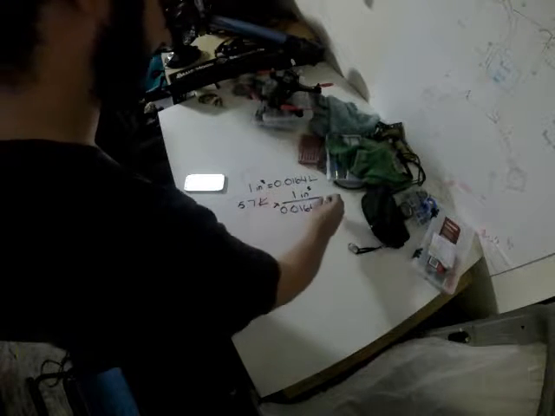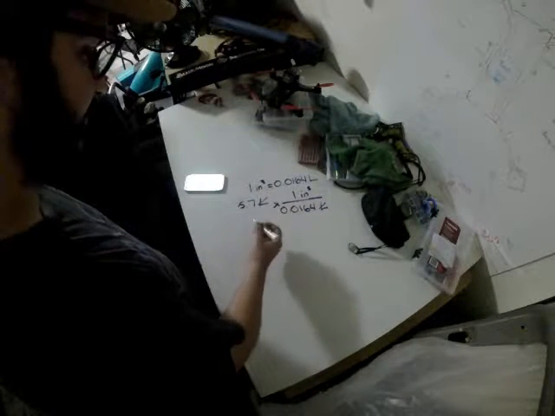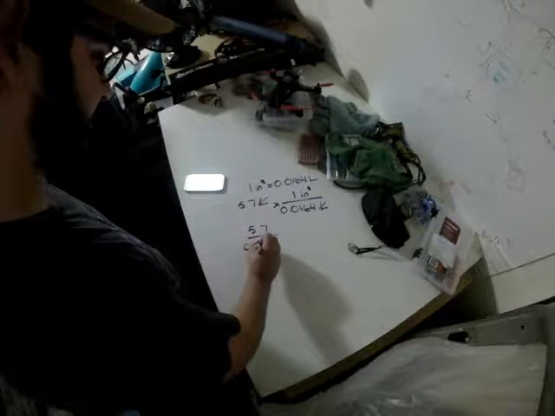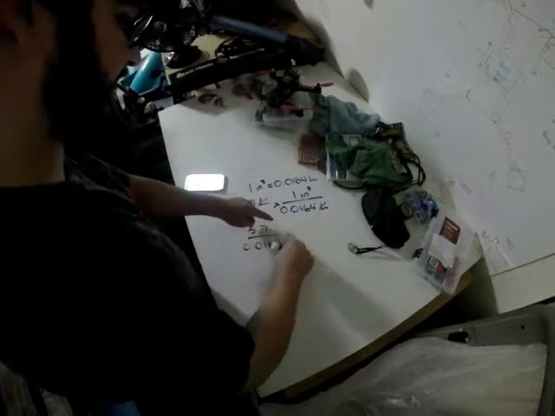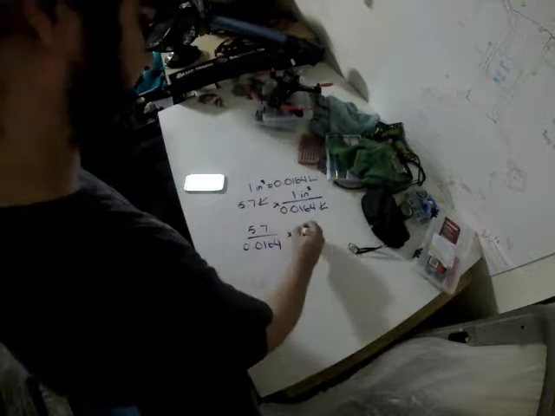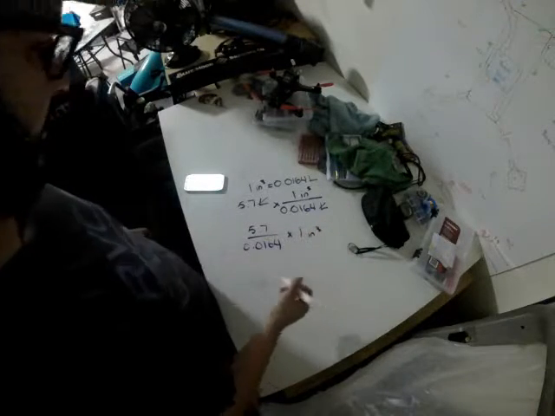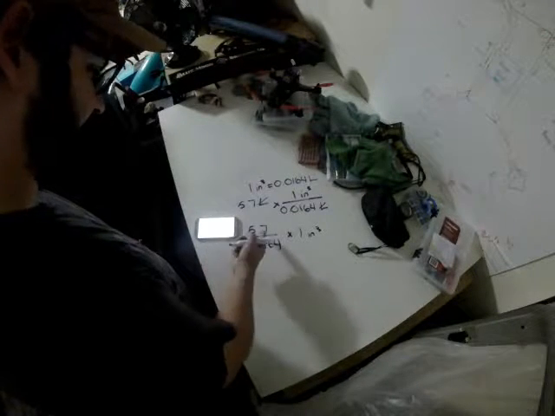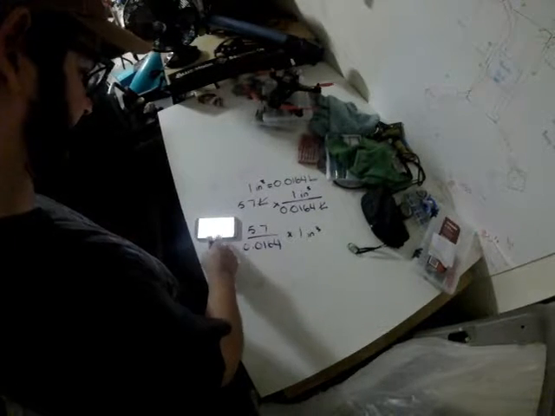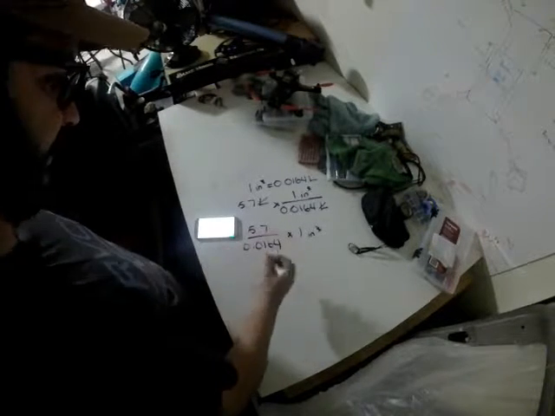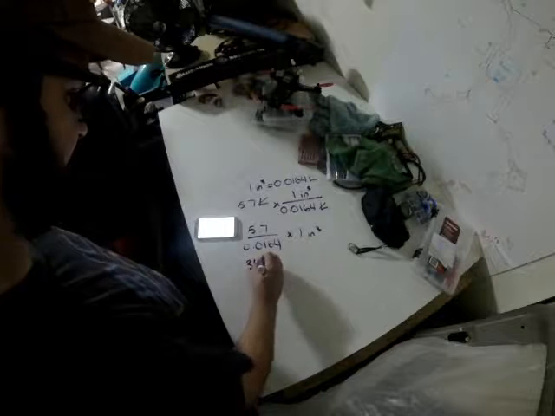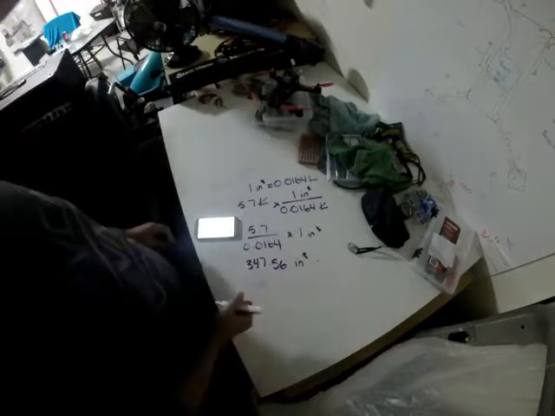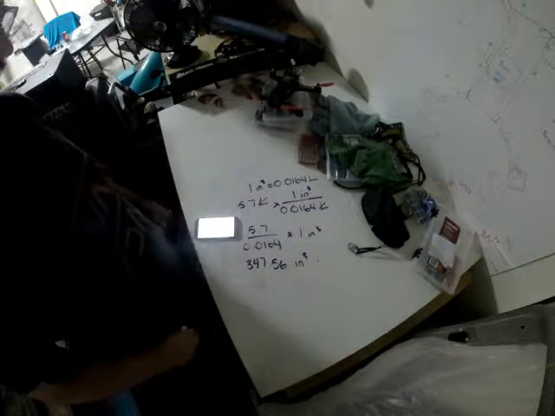So we cancel out these liters here, and then our answer in cubic inches ends up being 5.7 divided by 0.0164. Remember, the units canceled, so I'm not going to include them anymore. And then we just multiply that by the 1 cubic inch. It turns out that the answer to this problem is 5.7 divided by 0.0164, and that gives us an answer of 347.56 cubic inches. And so that is how you convert between different volume units.